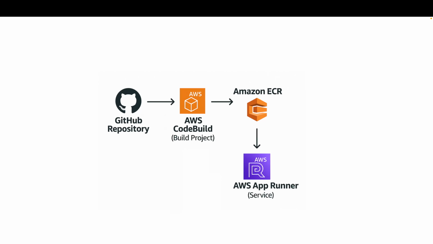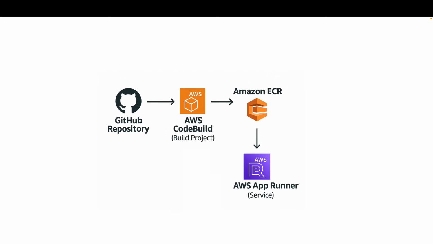Why is it special that we are going to deploy to App Runner? It's because of simplicity and speed. It has zero infrastructure management. We don't need to manage infrastructure at all, just deploy your code and container, and that's it.